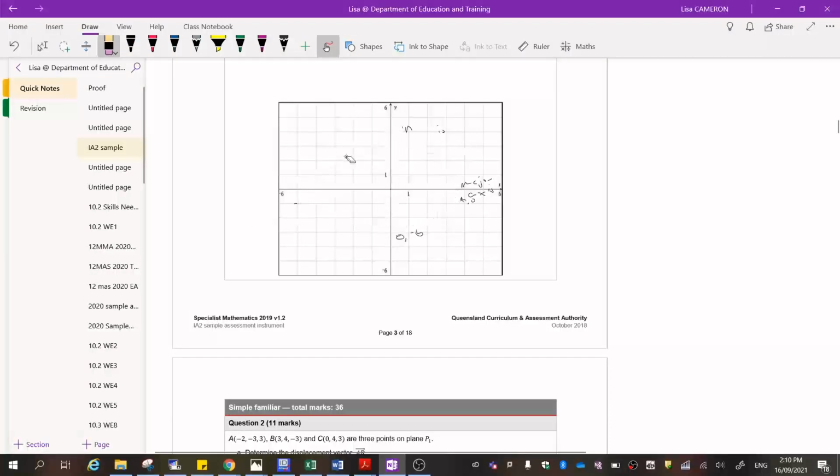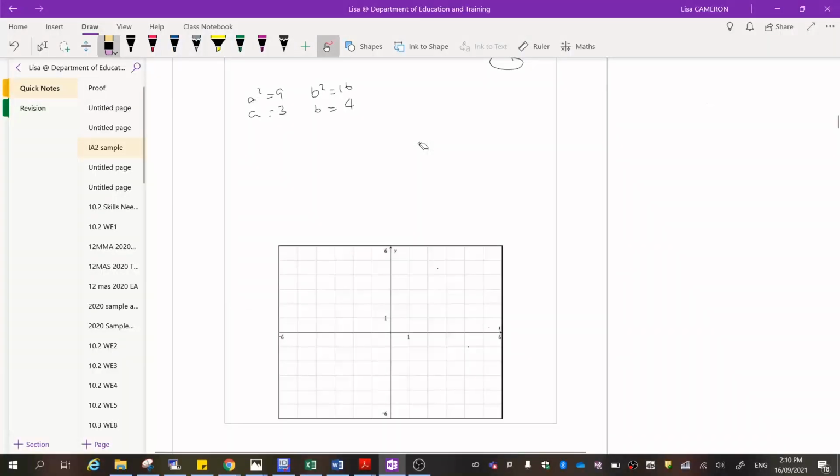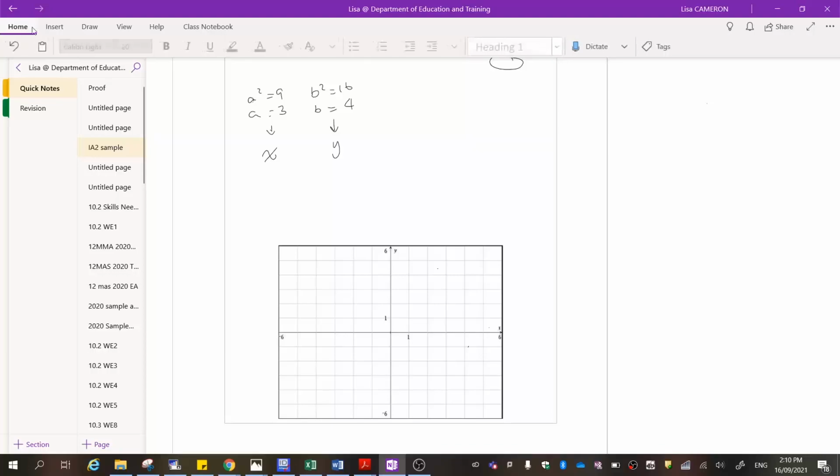So if we rub all this out, alright, let's have a look. So we've got that. This should be pretty easy to graph. If we scroll down here, a is related to our x-axis, b is related to our y-axis, purely just from the Cartesian equation.